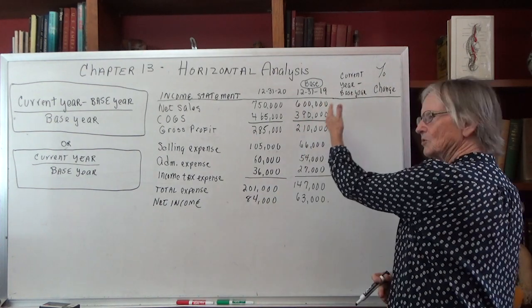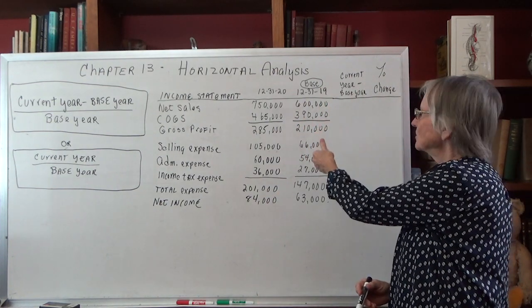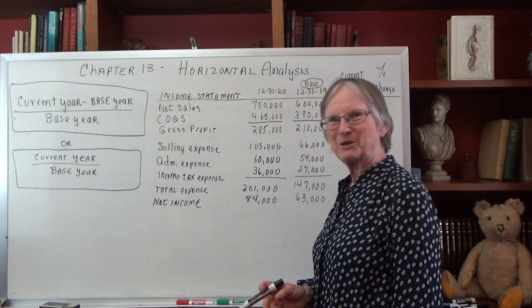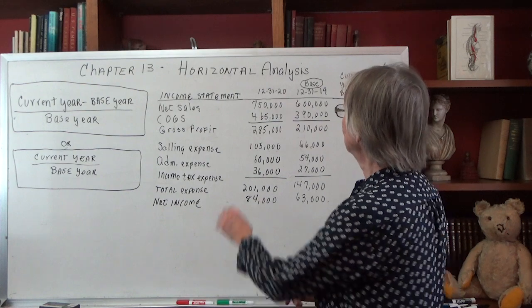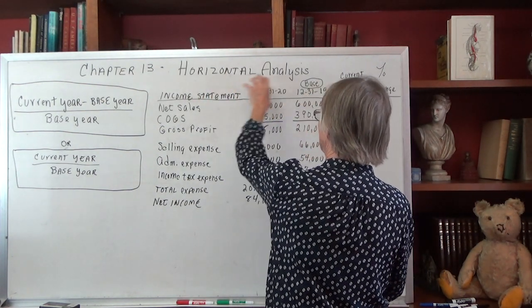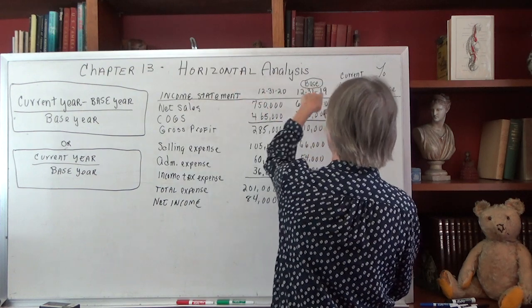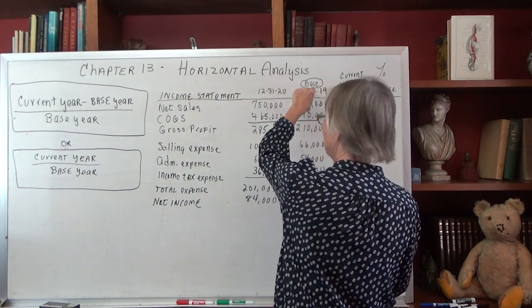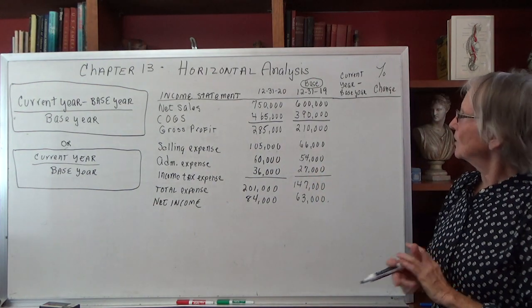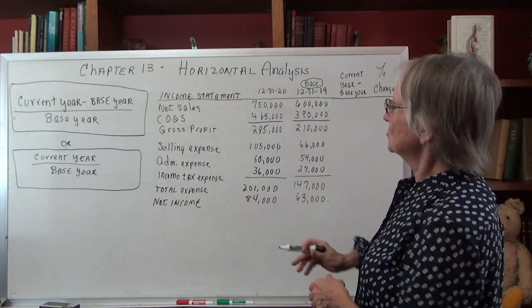It's always the earliest year that is the base year, and that's the year that's always going to be on the bottom of the equation. So if you had 2021 here, you would not go 2021, 2020; you'd go 2020, and you'd compare this year to the base. You're comparing every year to the base year.